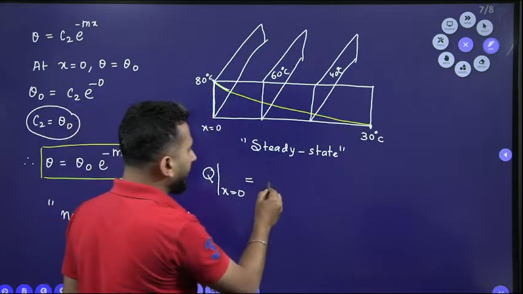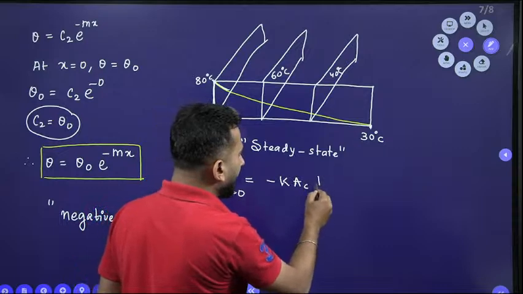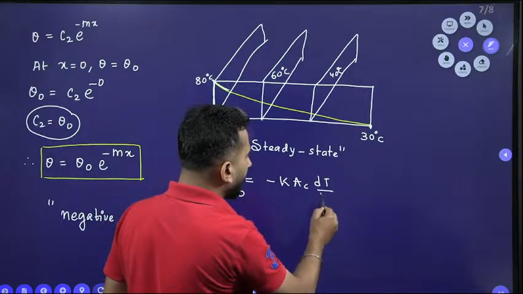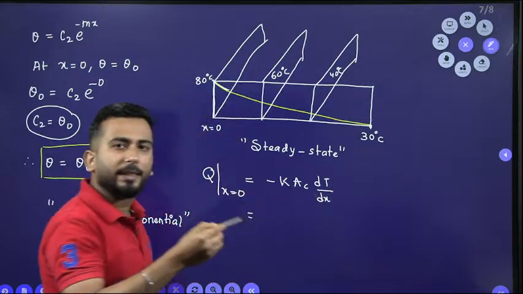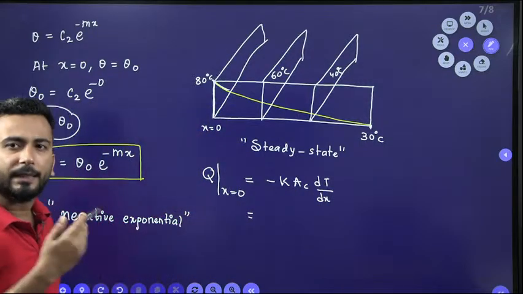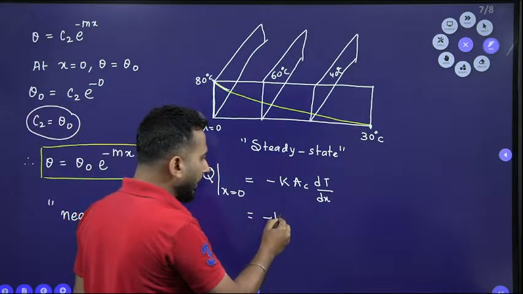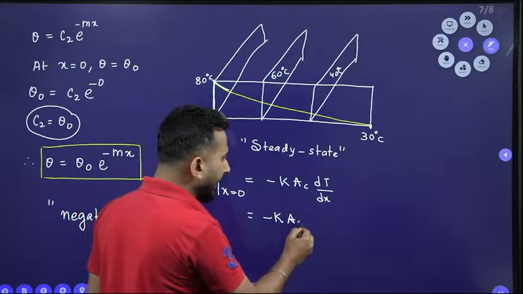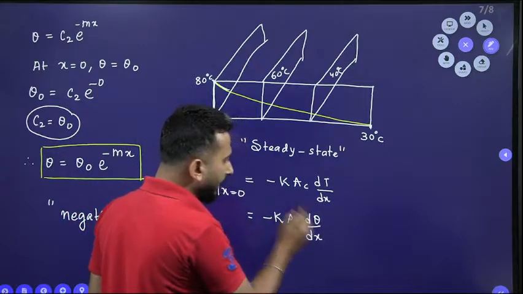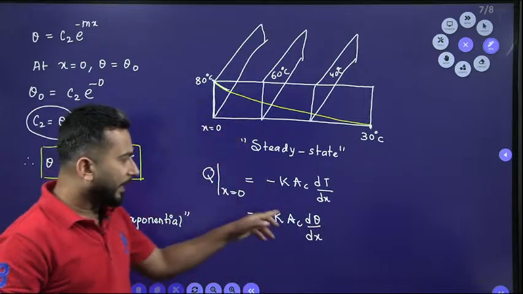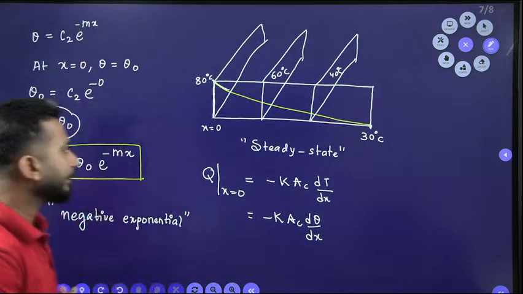So that is nothing but minus k AC dT by dx, and you know that dT is equal to d theta, that we have discussed earlier. So minus k AC, I can write this as d theta by dx. Very easy, right? Why am I writing AC? Because cross sectional area, and I have treated this to be constant.